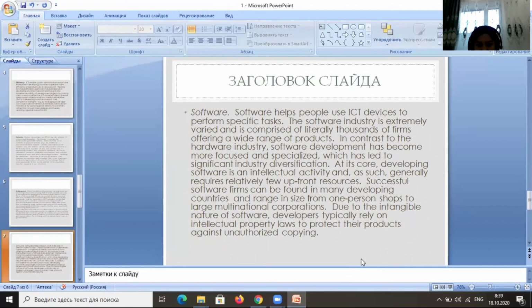Due to the intangible nature of software, developers typically rely on intellectual property laws to protect their products against unauthorized copying.